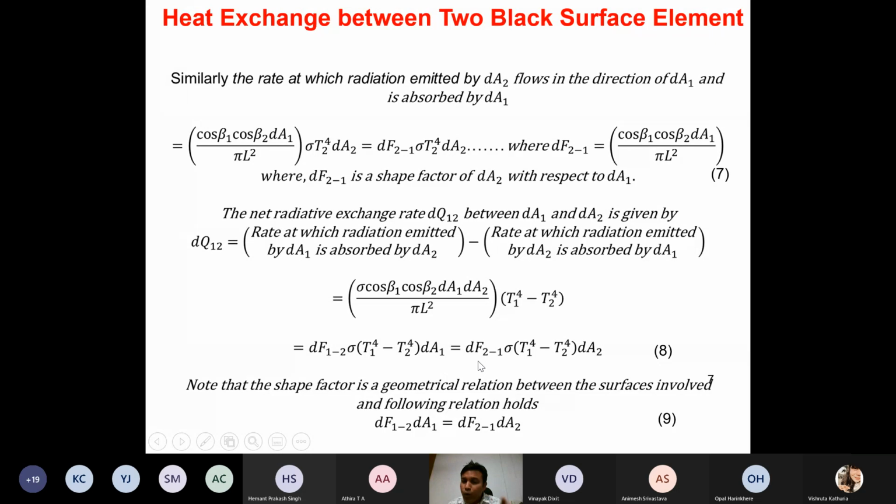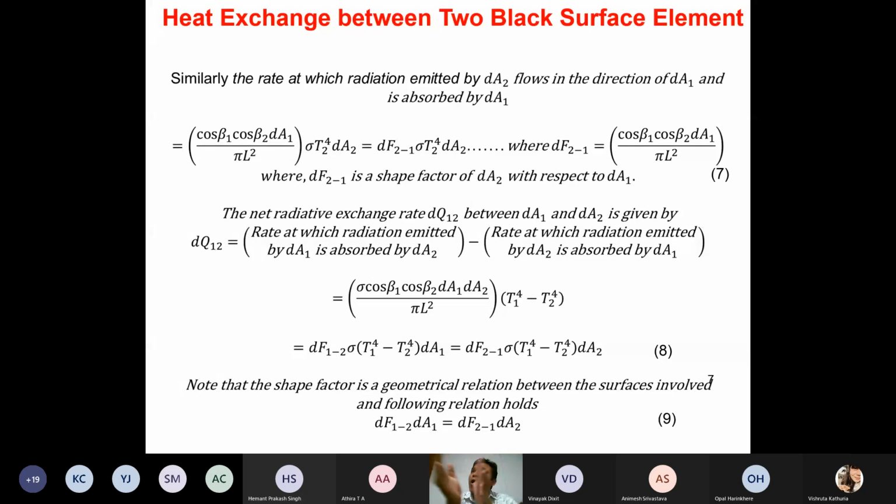If we use F21, the area multiplied is dA2. So we get equation number 8. From this we can conclude that dF12 into dA1 is the same as dF21 into dA2. This is a very important property. We are going to use this property regularly while calculating shape factors.